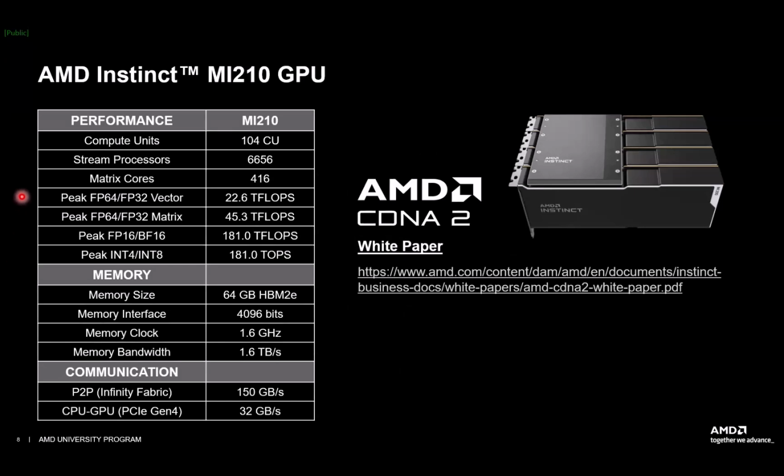For AI workloads, using the tensor cores, for FP16 and BF16, they have a peak performance of 181 teraflops. There are 64 gigabytes of high bandwidth memory on each of these GPUs, and that can be accessed at speeds of up to 1.6 terabytes per second.